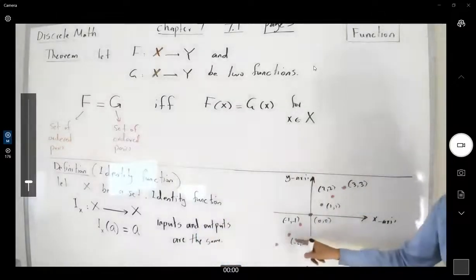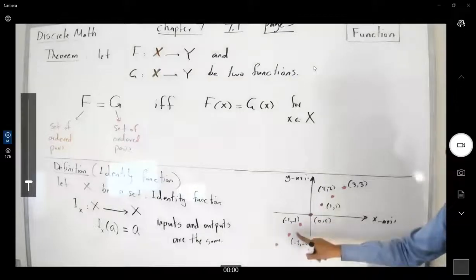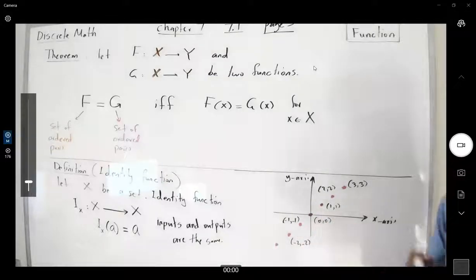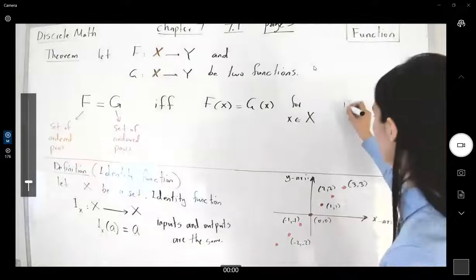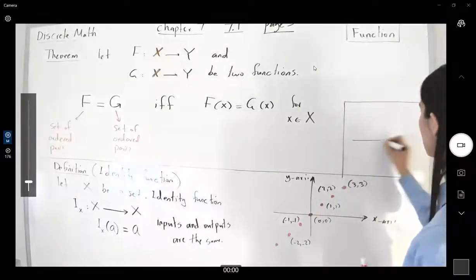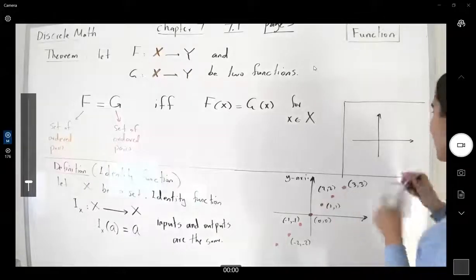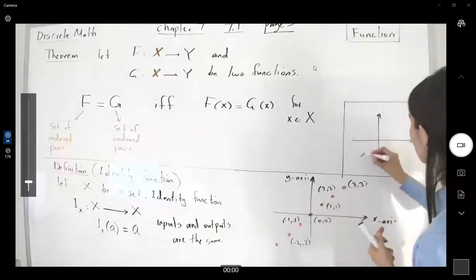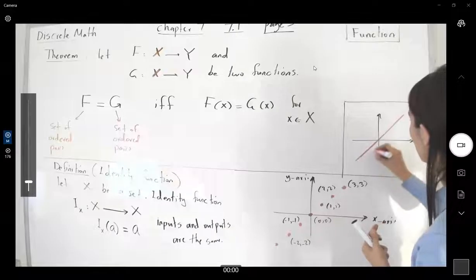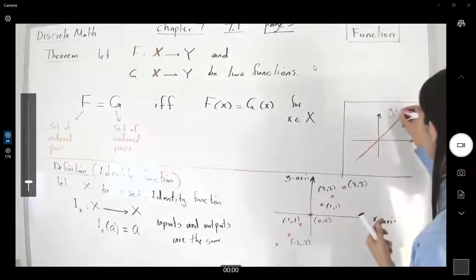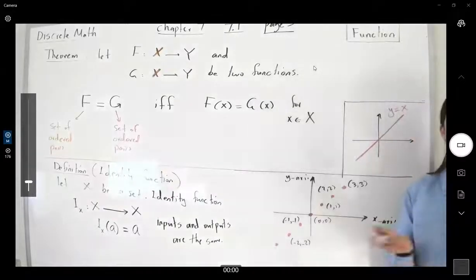So the graph, the discrete graph, is going to be dots like this. Remember in calculus, you have this graph. In calculus, you say, hey, I have y equals x. The graph is like this. The identity function is the line y equals x.